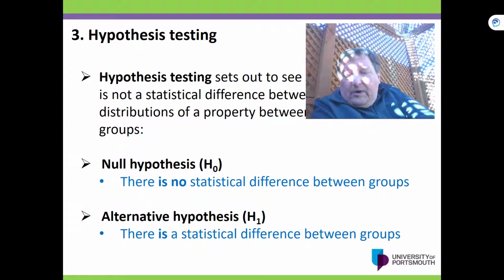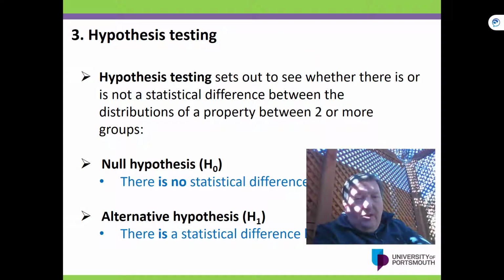And so what you would set about doing is to prove whether you have to accept the null hypothesis, or whether you can reject the null hypothesis and go for the alternative hypothesis where there is a statistical difference.